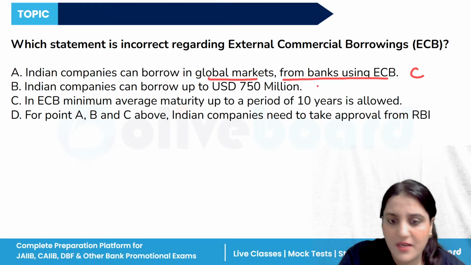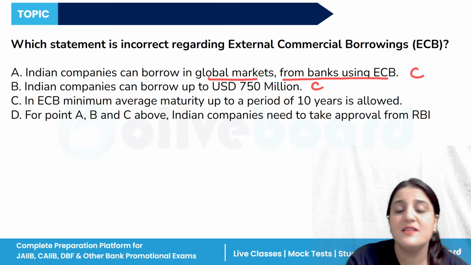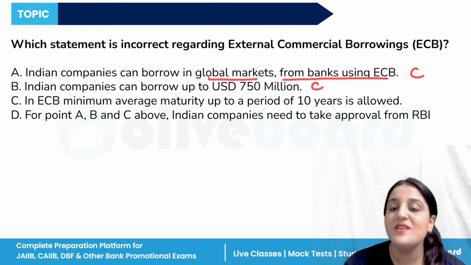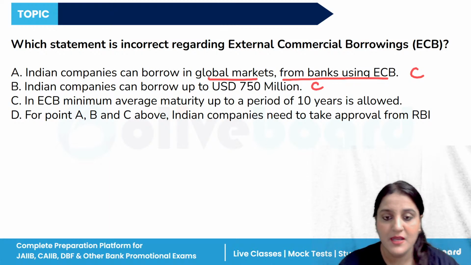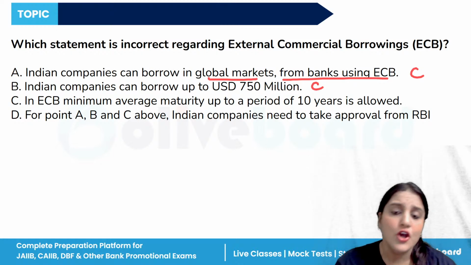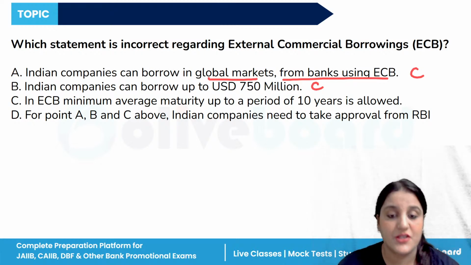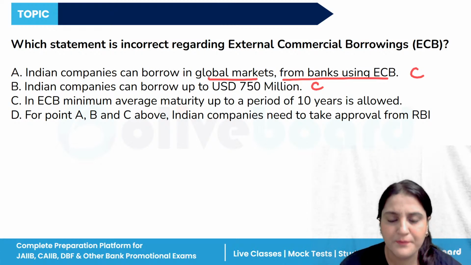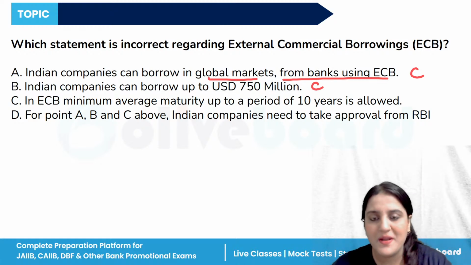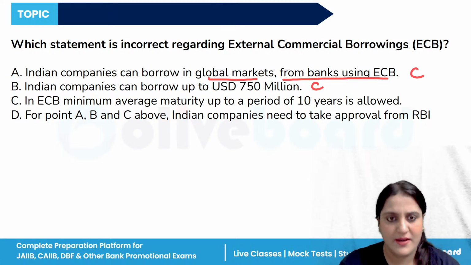This statement is also correct, but it is important to note that the specific borrowing limit of US dollar 750 million applies to the automatic route, where no RBI approval is required under certain conditions. For borrowings above this limit or outside the automatic route, RBI approval may be required.